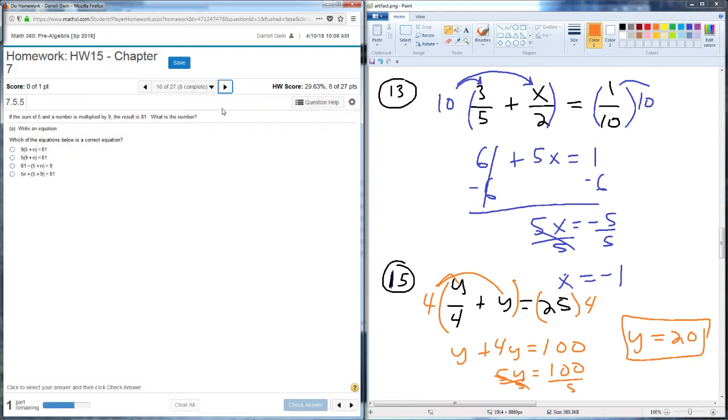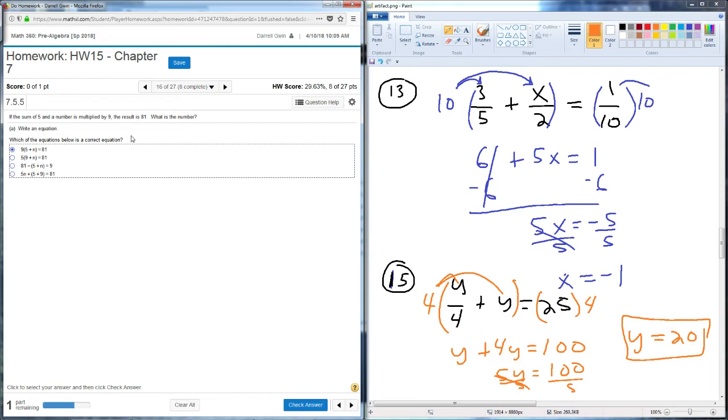Let's see. The sum means the sum has to be in parentheses. So 5 and a number is 5 plus n in parentheses. So right away, 5 plus n in parentheses is only a and c. And multiply by 9, so 9 times 5 plus n.